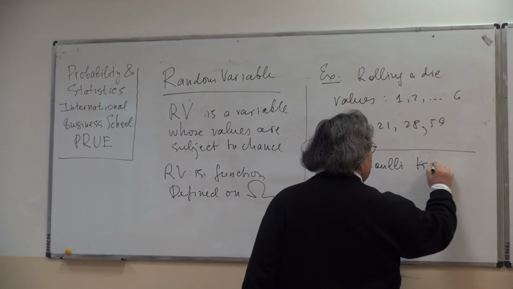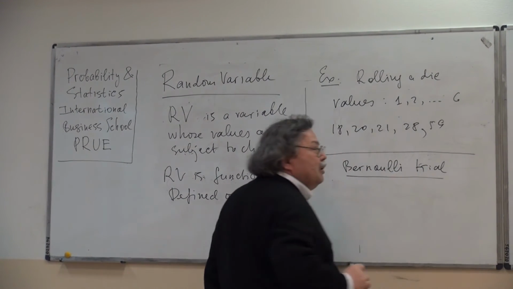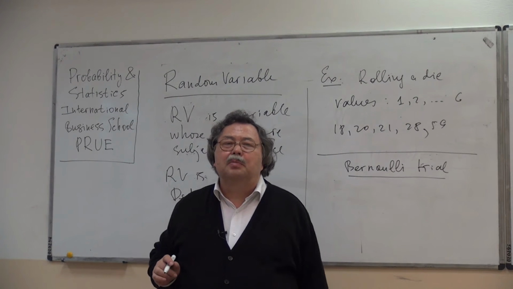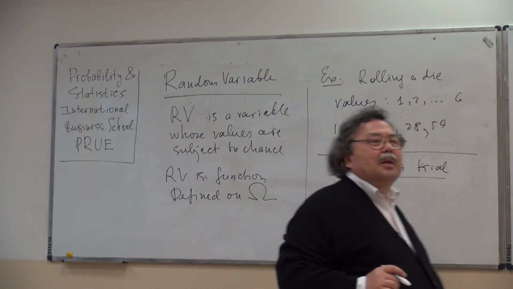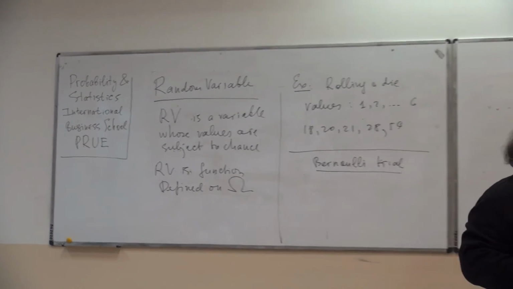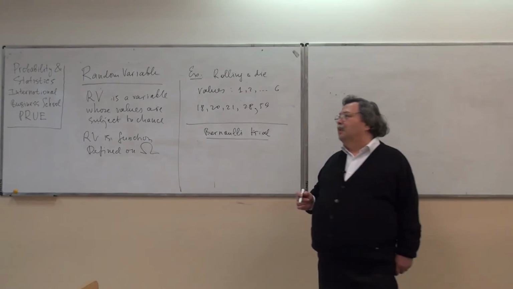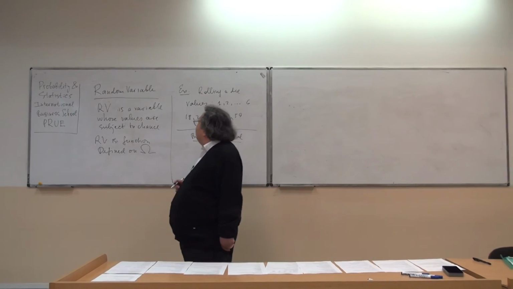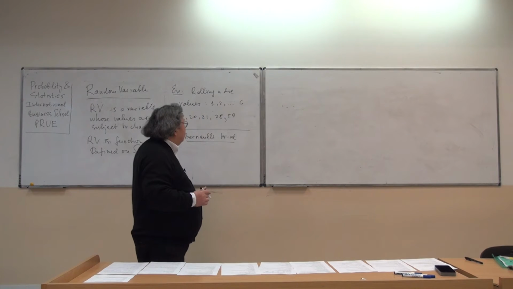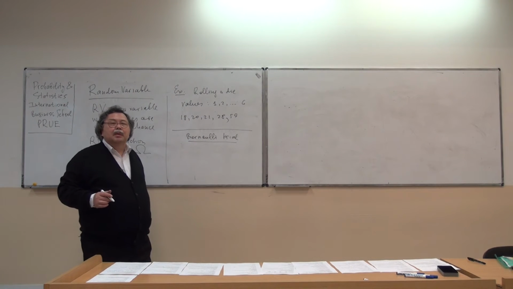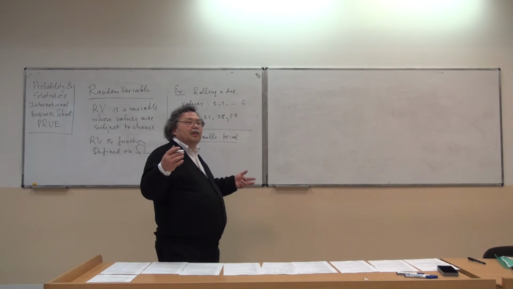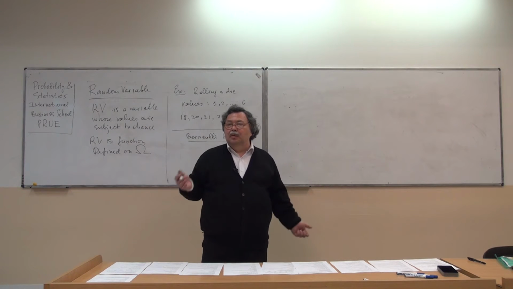The simplest and probably the most important random experiment in all probability theory is the Bernoulli trial, which is typically illustrated by tossing a coin. It becomes a random variable if we define numerical values for the two possible outcomes.